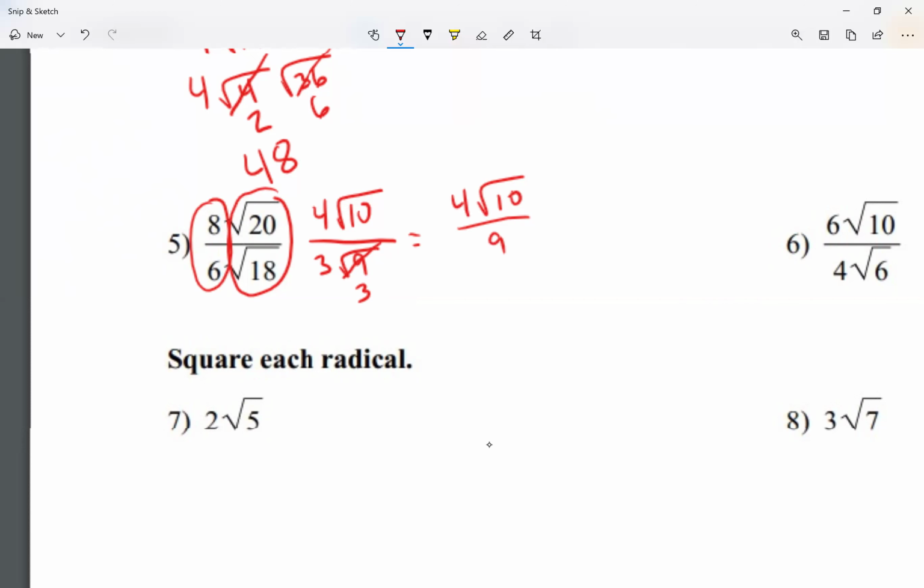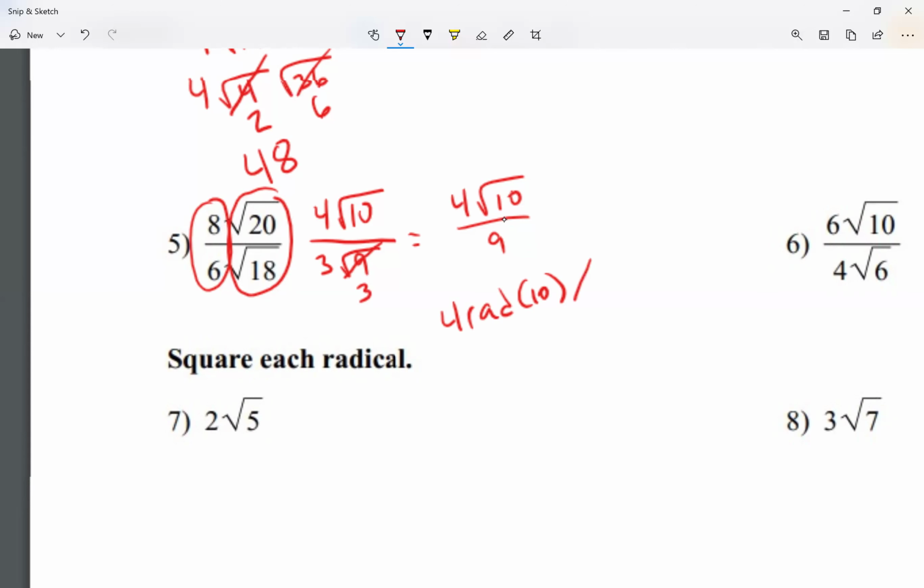Now, how about when we have to type it? Okay, focus on the top first. 4 radical 10. So I'm just going to write 4 rad 10. Remember, no spaces altogether. Because I was just looking on the top, 4 radical 10. The fraction, let me do a backslash.